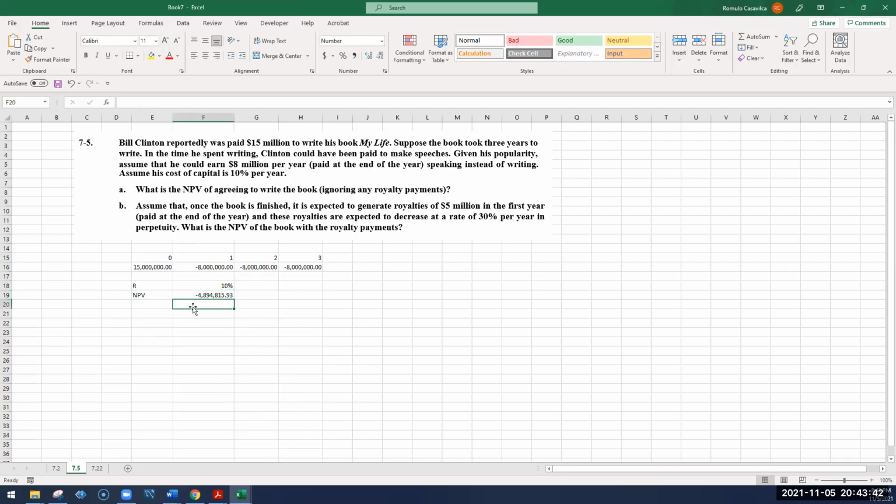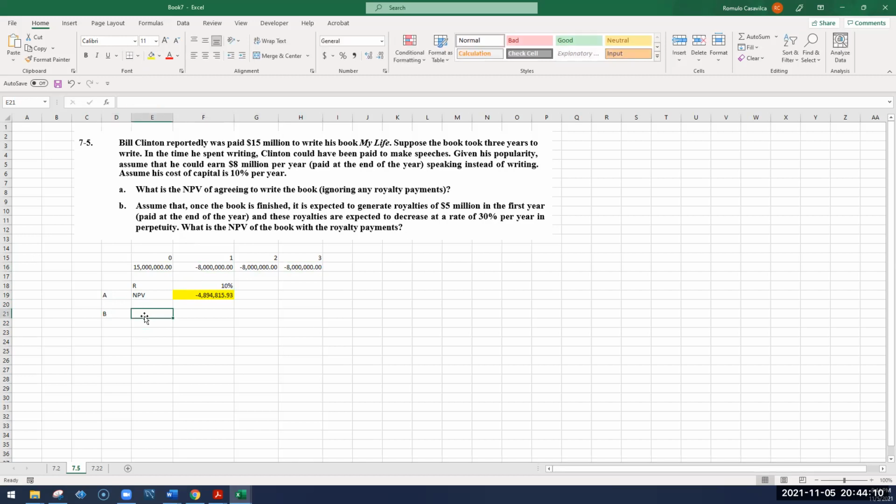If they ask you what is better, to do the book or receive this cash flow, this will be positive and this will be negative, I guess. So that will be a positive present value. But this is the answer, so it's negative. That's A.